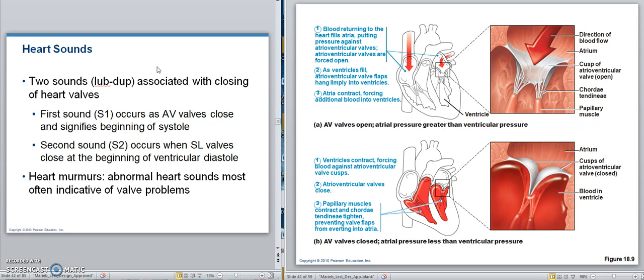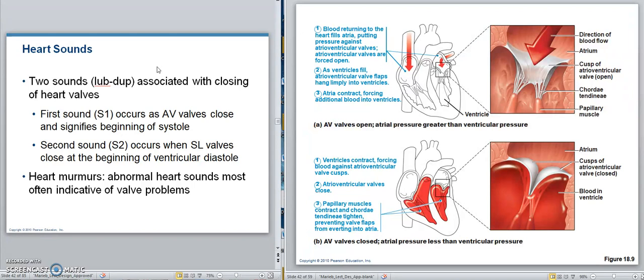Auscultation, percussion, visualization, and palpation. So when you come into a doctor's office or nurse practitioner's office, physician assistant, the first thing they need to do is just look at you. That's visualization, because the minute you start touching, then you can change things.